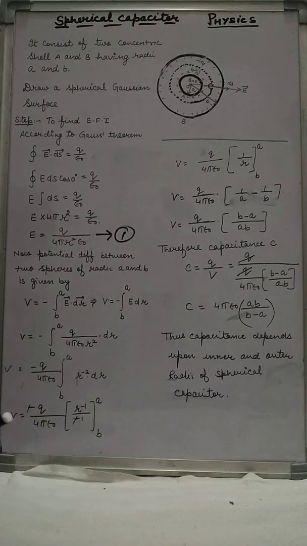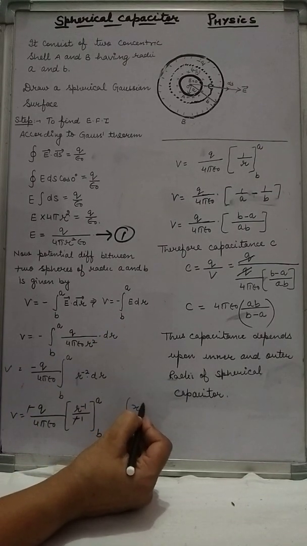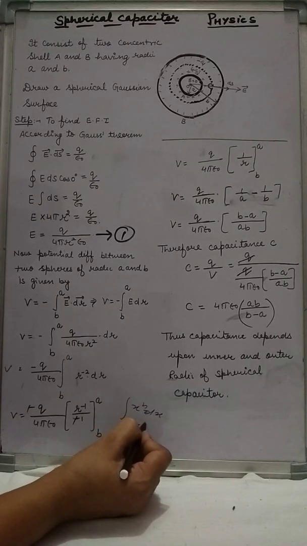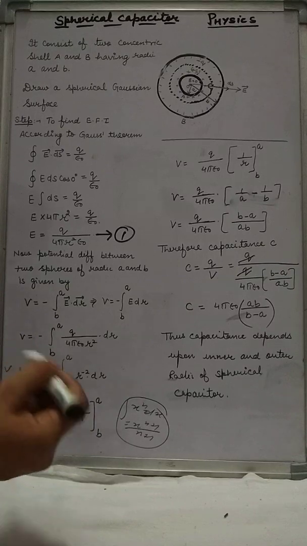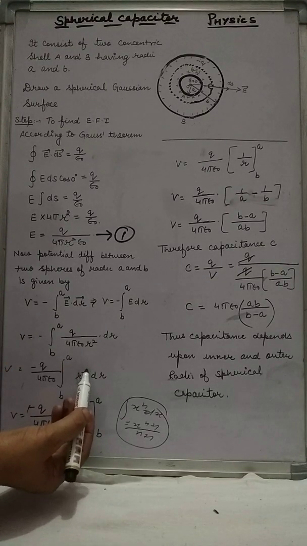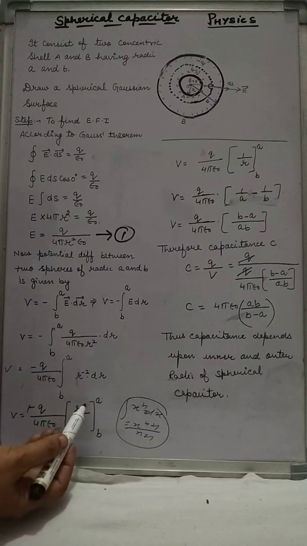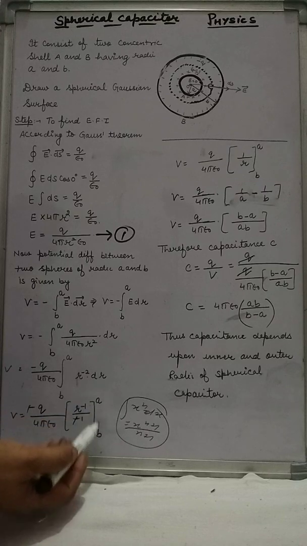What is the formula? That is, integration of x raised to power n dx is equal to x raised to power n plus 1 upon n plus 1. So here r raised to power minus 2 plus 1 upon minus 2 plus 1, so we get r raised to power minus 1 upon minus 1, from B to A.